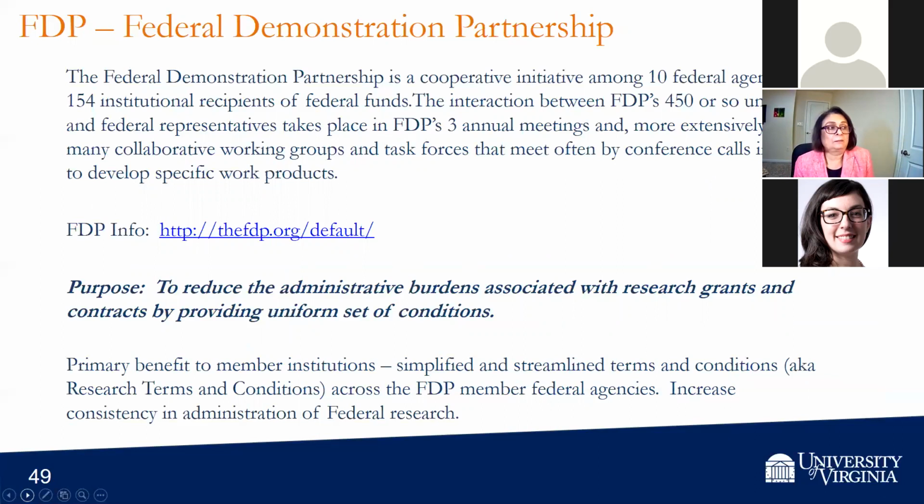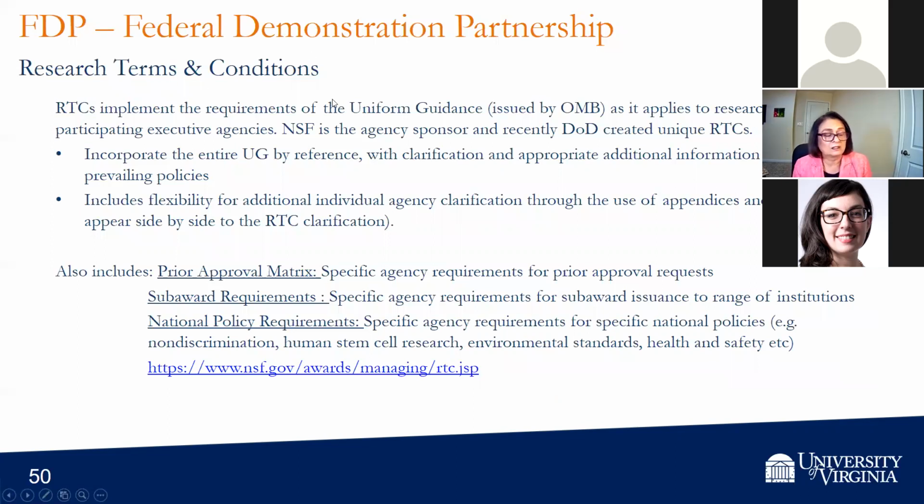Federal Demonstration Partnership, FDP, we just wanted to mention the FDP partnership collaboration. So basically, we formed a cooperative initiative between the federal agencies. So right now there are 10 agencies that are members of the FDP, and there are, I don't know how many schools and nonprofit organizations. Right now there are, I said 450, maybe more. So basically what we did was we sat down with the federal agencies and said, hey, we are going to standardize some terms and conditions and call them research terms and conditions.